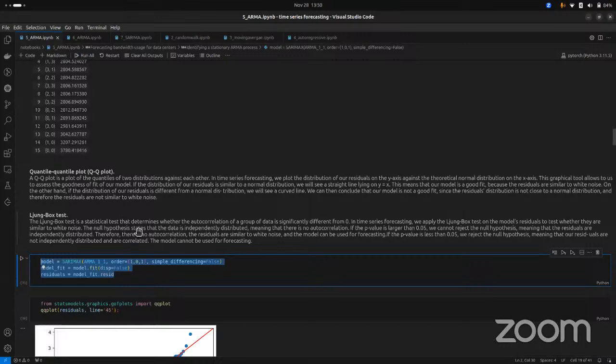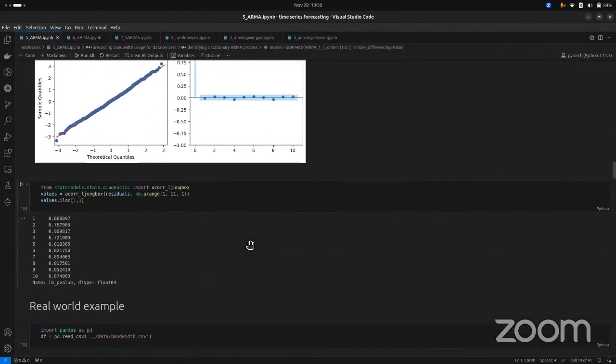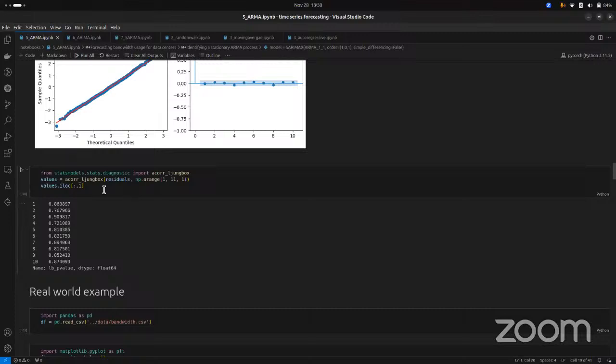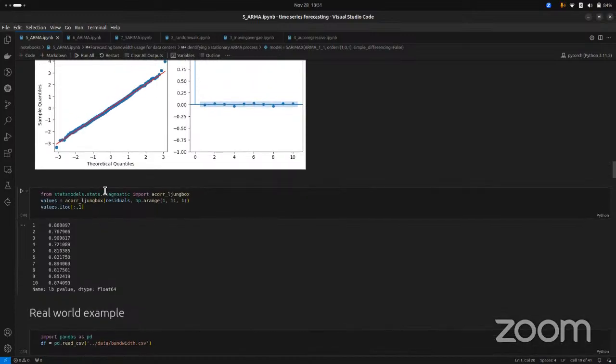The null hypothesis states that the data is independently distributed, meaning there is no autocorrelation. If the p-value is less than 0.05, we can reject that. But we see from here that the p-values are greater than 0.05, so we stick with the null hypothesis and say that the residuals are independently distributed.